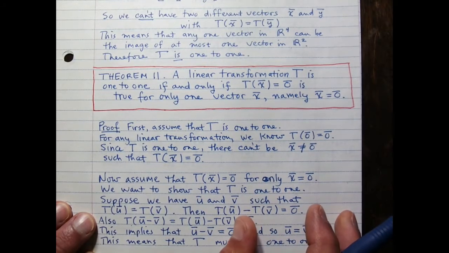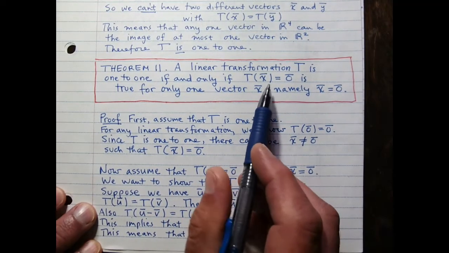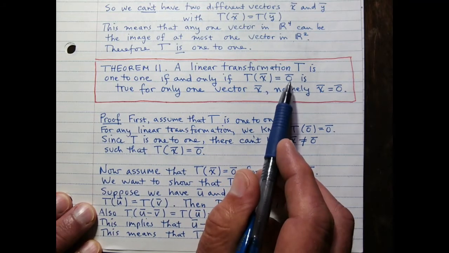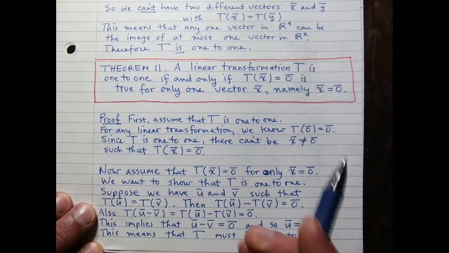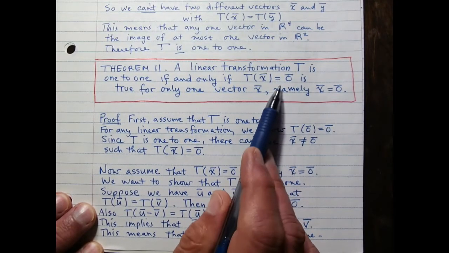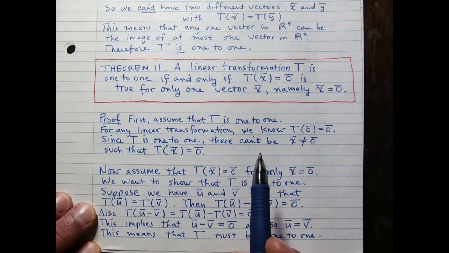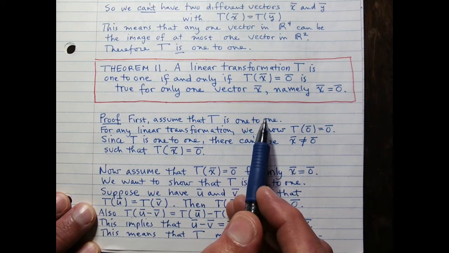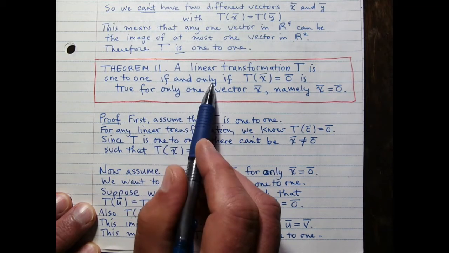What this theorem is saying is for a linear transformation, if you know the transformation is one-to-one at 0, it's one-to-one everywhere. You really only have to verify that it's one-to-one at 0, then it's one-to-one everywhere. And I actually want to talk through the proof of this a little bit with you because I think it's very accessible.